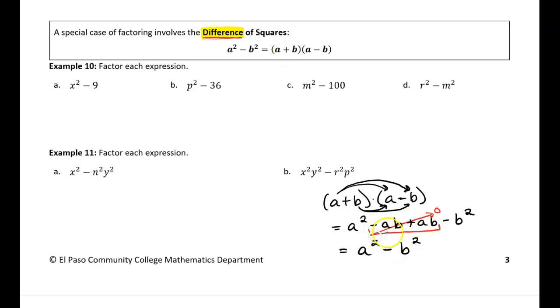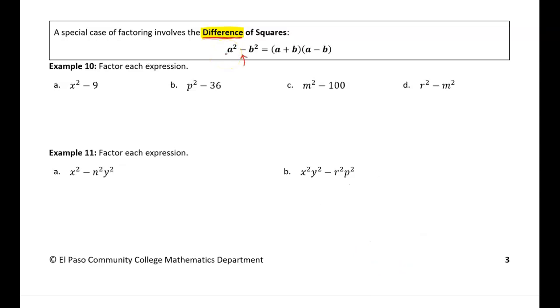That middle term is always going to cancel off when we have this particular setup. Now the square parts themselves, the a and the b, don't necessarily have to only be numbers. They could be variables, multiple pieces of variables.